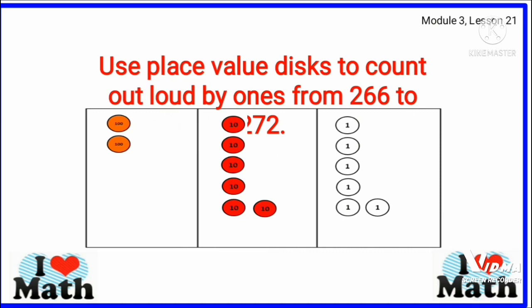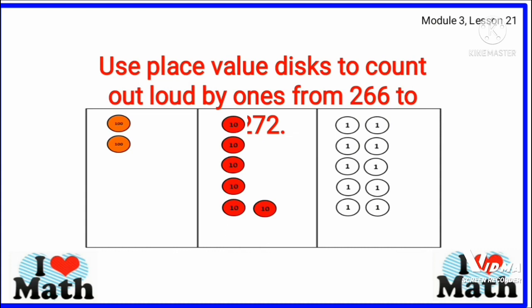Alright, so let us count. 272 is the target. We're going from 266 to 267, 268, 269. What do we say now? It is not 260. Remember, 10 digits of ones. What can you do with 10 digits of ones?